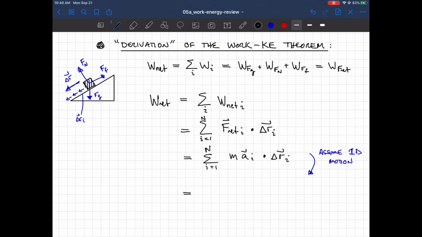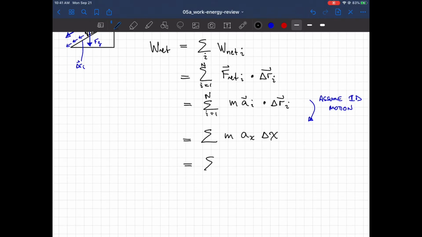If I have one-dimensional motion, then I don't have to worry so much about the vectors, and I can write this thing as the ax times delta x here. That's just the first term in a dot delta r. And the ax I can write as delta vx over delta t, and delta x over delta t I can write as vx. So this becomes m delta vx, vx.